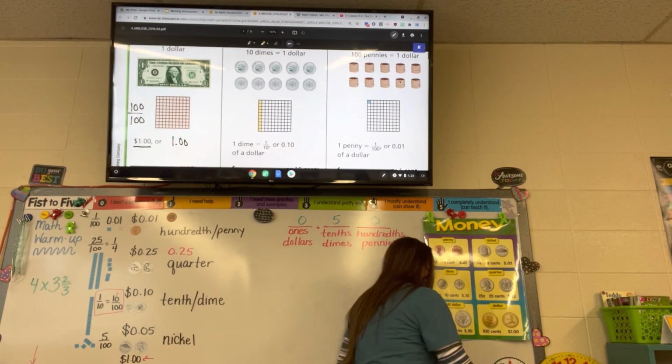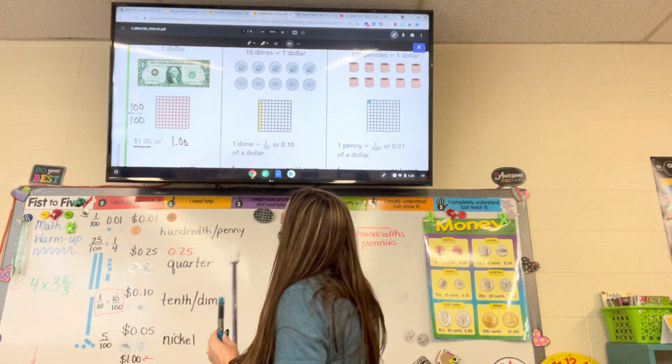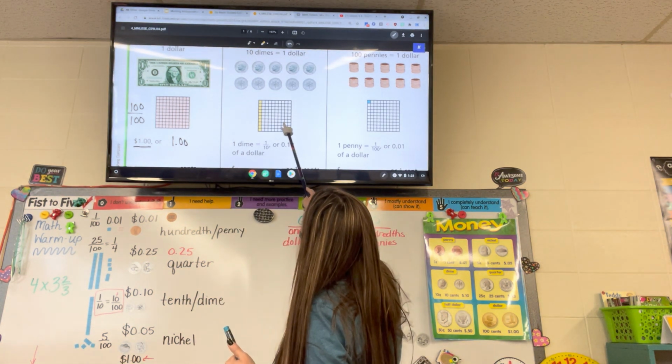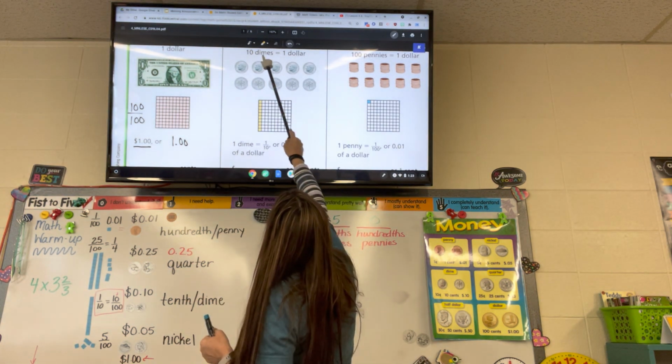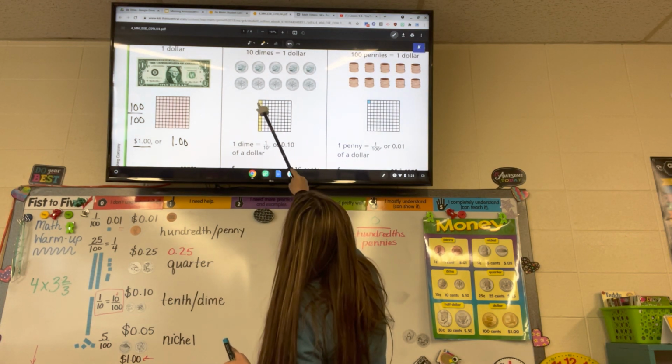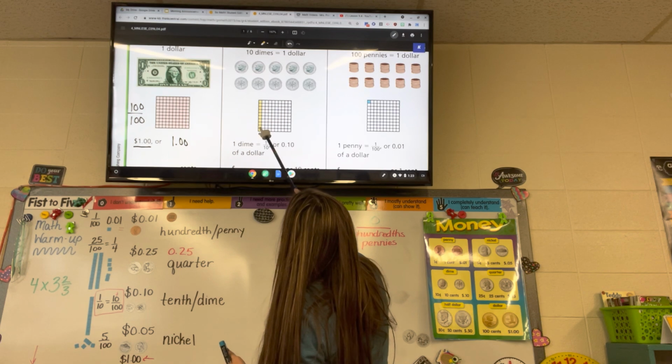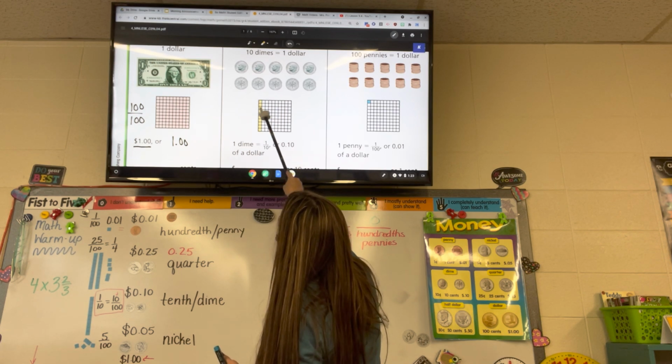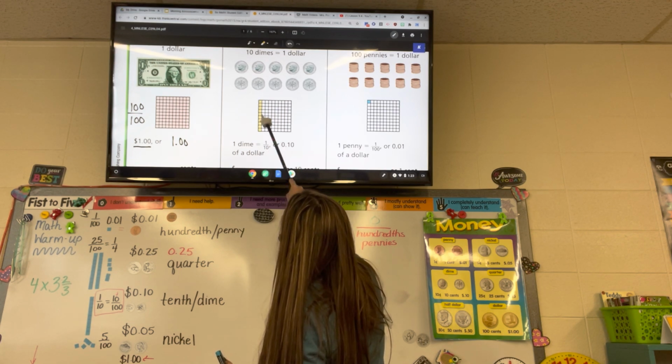On the next one, if we look at this model, they're saying that 10 dimes equals $1. So each dime is represented by this many.